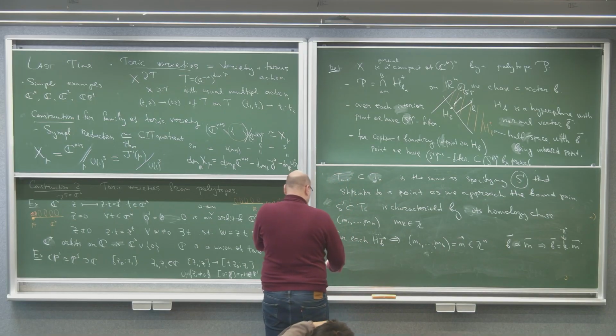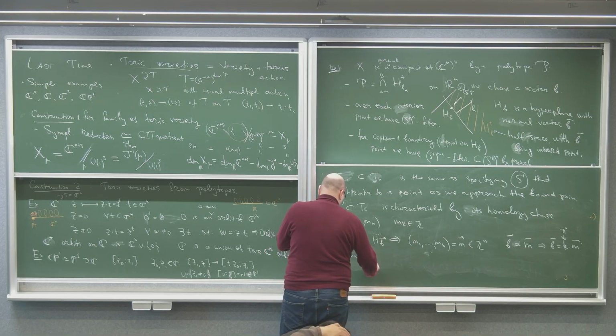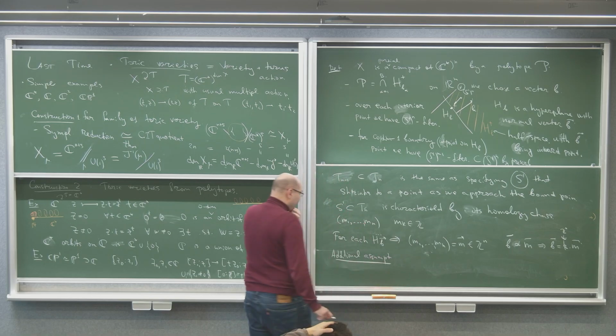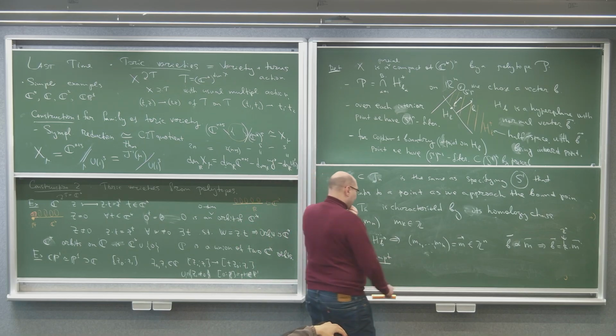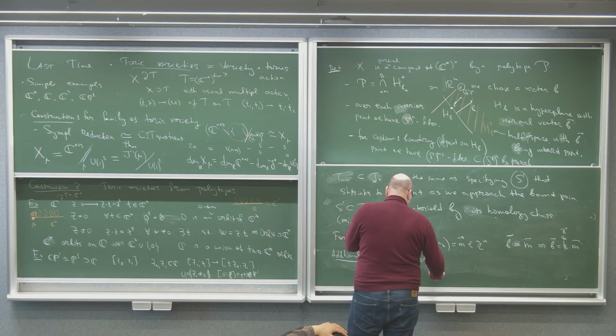So now we make an additional assumption, which will be assumed for the rest of the course, that these vectors B are primitive.